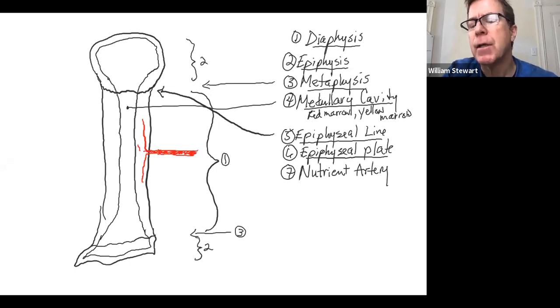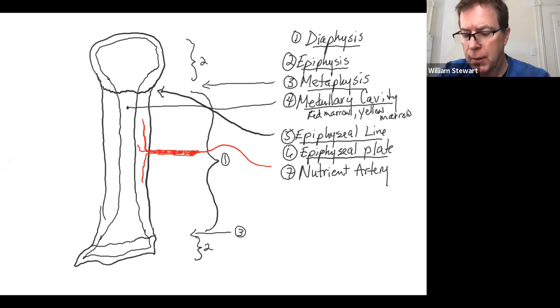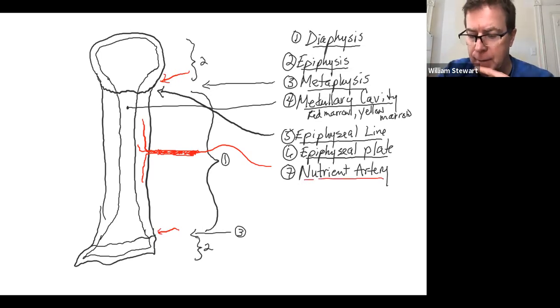That main artery is called the nutrient artery. That supplies blood vascularization to this bone tissue. Now, there are also major arteries that supply this area, but they're not quite as big. They're also considered nutrient arteries, but they're not the main one for that particular bone.